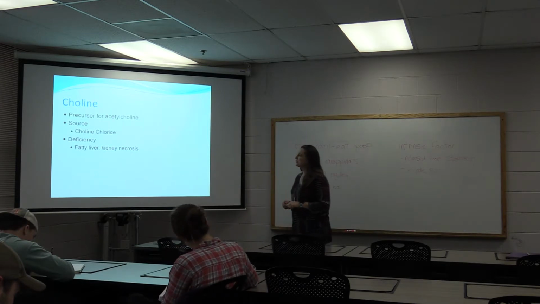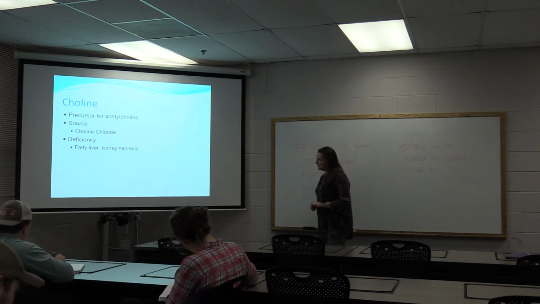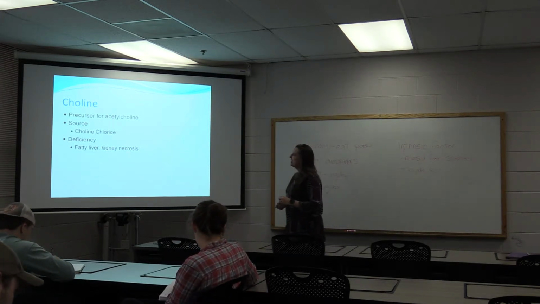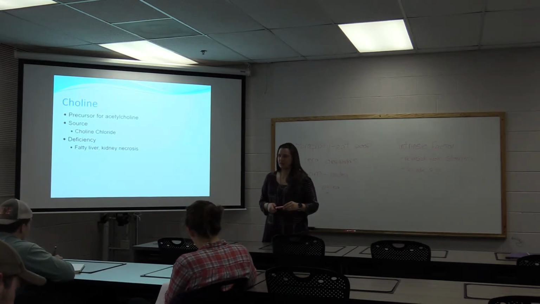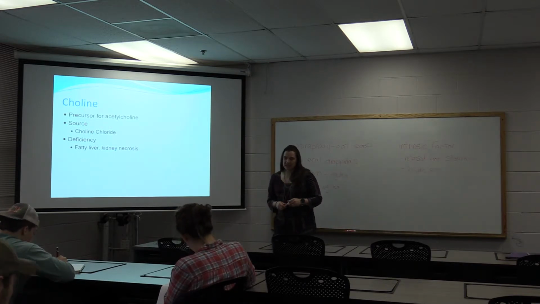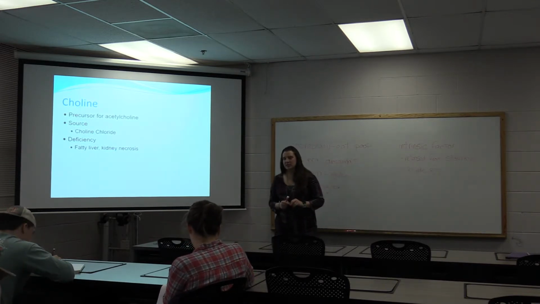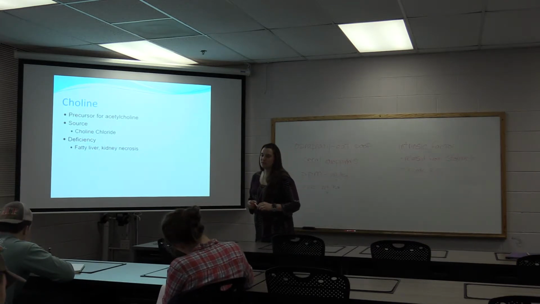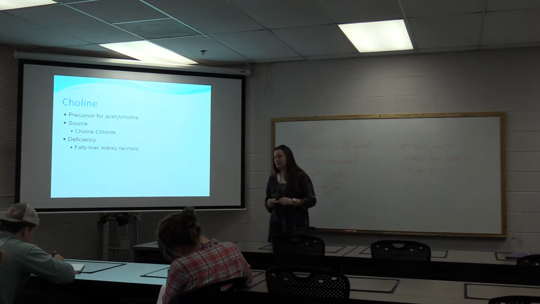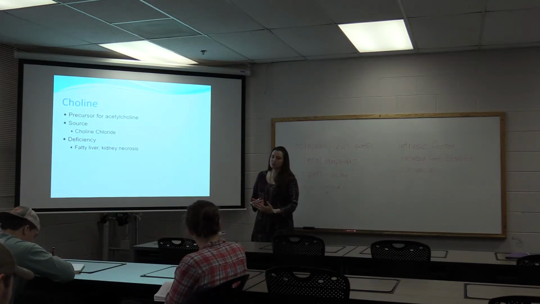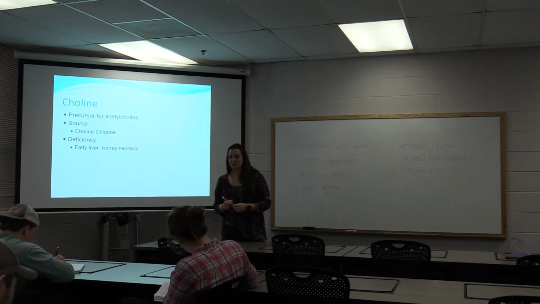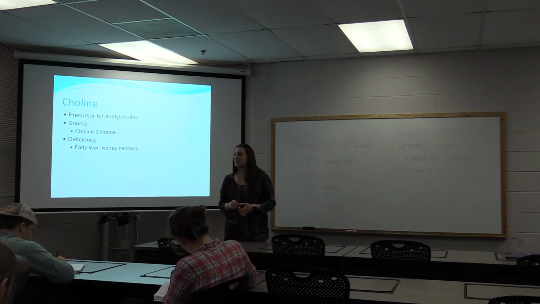It's the precursor for acetylcholine. And do you guys remember what acetylcholine does? I don't remember if I've talked to you guys about this. So acetylcholine is a neurotransmitter. It's the neurotransmitter that's released from the parasympathetic nervous system, and related to nutrition, this is what's controlling passage rate.